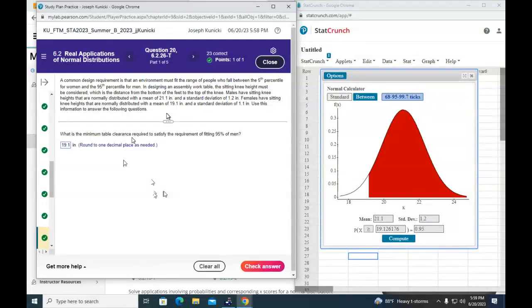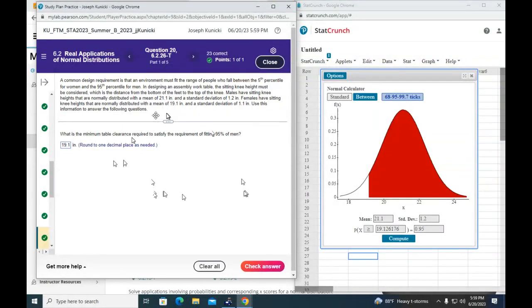That's for women. It says men. Females are sitting, okay. We want to fit 95% of the men. I think the numbers are correct.